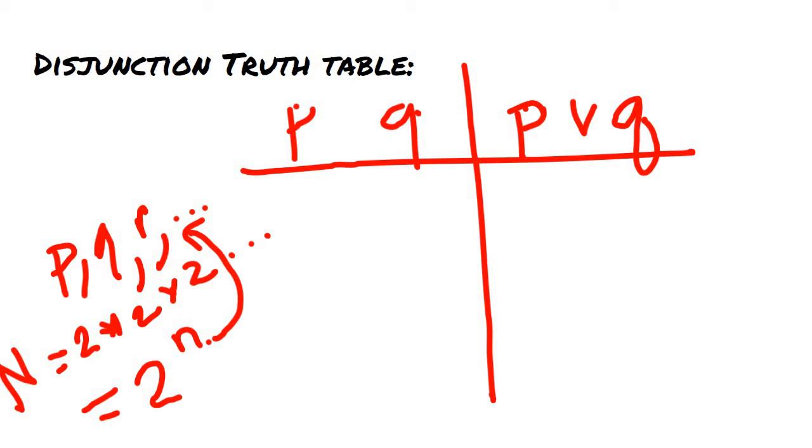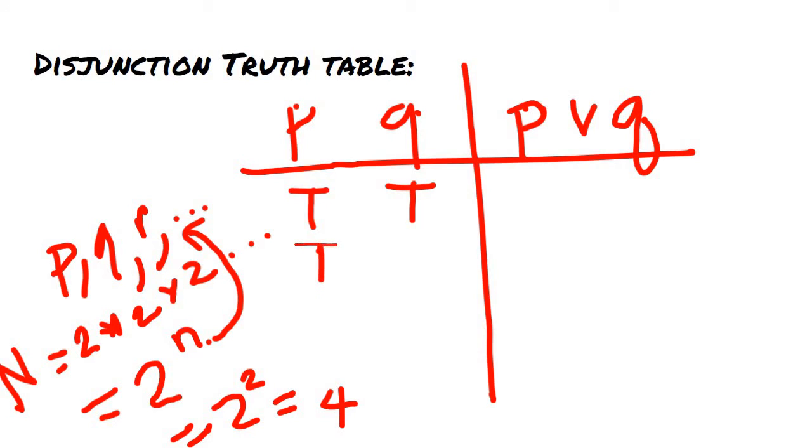In this case, we have just 2 variables, so it's 2 squared, which is 4. That is true, true; true, false; false, true; and false, false, enumerating all the possibilities of the truth values for the compound proposition.